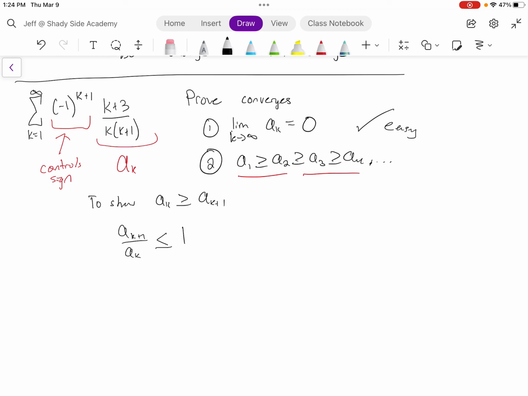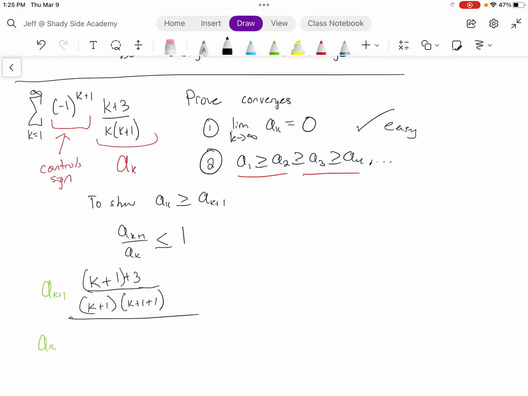So what we should have done is look at this expression. We know that the k plus first term of our series is going to be k plus 1 plus 3 over k plus 1 times k plus 1 plus 1. That's the first term. And then over a sub k. So I'll write this as a sub k plus 1 up here, and then this will be a sub k.